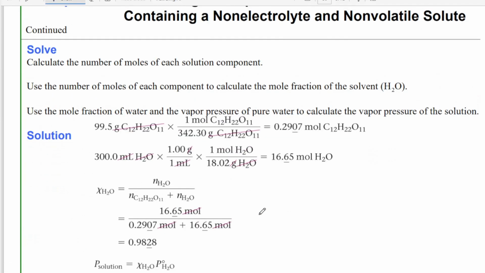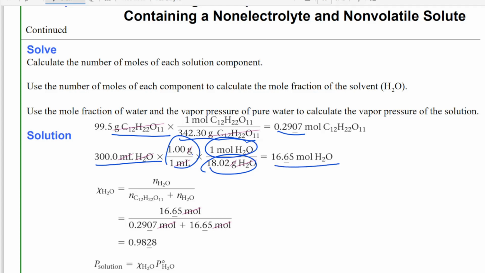So to work this problem, we start with 99.5 grams of sucrose, which has a molecular weight of 342 grams per mole. So we get 0.2907 moles of sucrose. We have 300 milliliters of water. We use the density to convert that to grams, and then the molecular weight to convert that to moles.